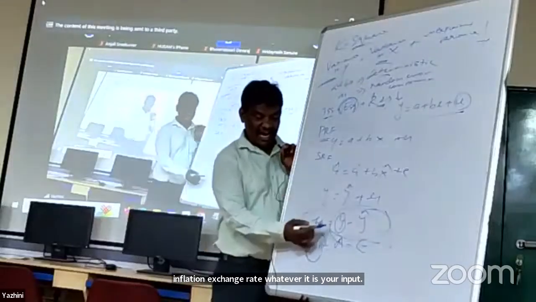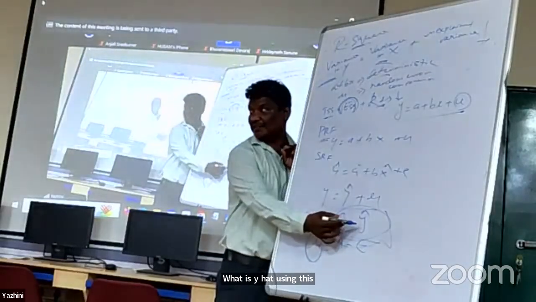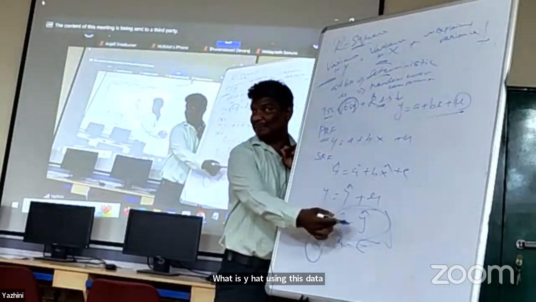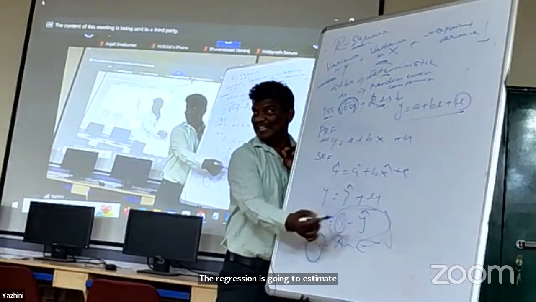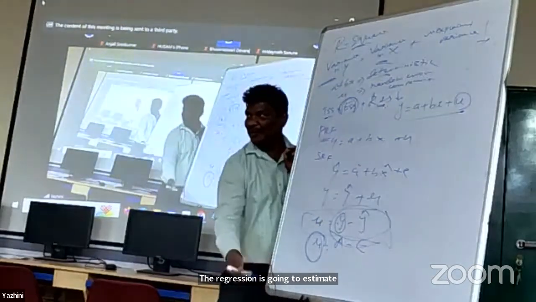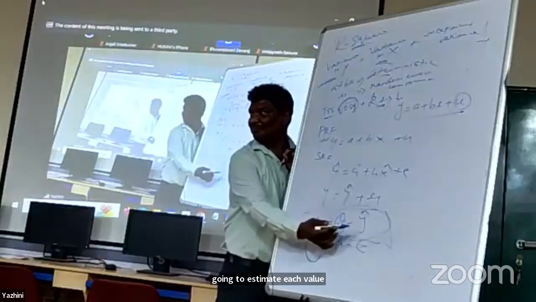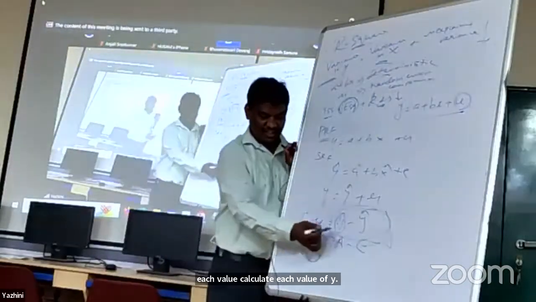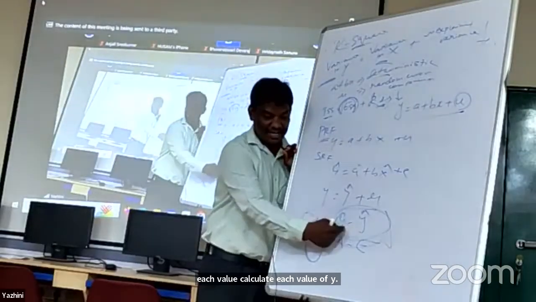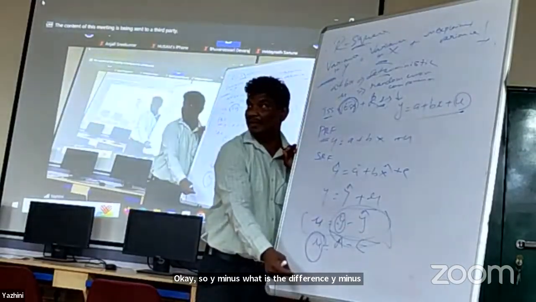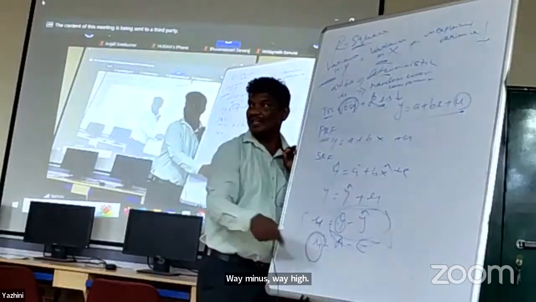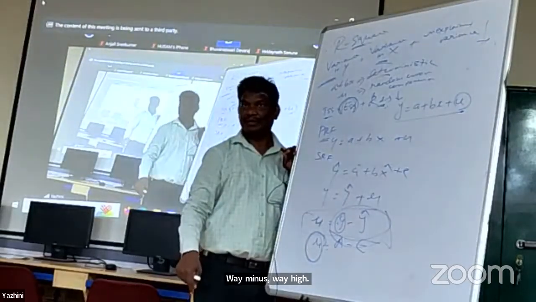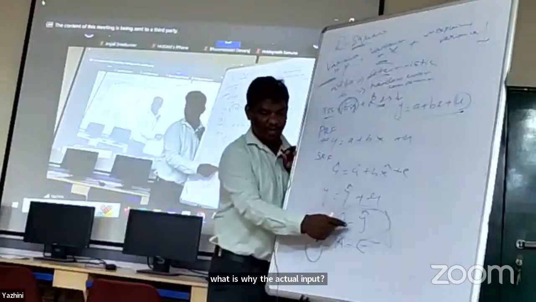Using this data, the regression is going to estimate each value of y. So y minus y hat, what is the difference? What is y? The actual input. What is y hat?